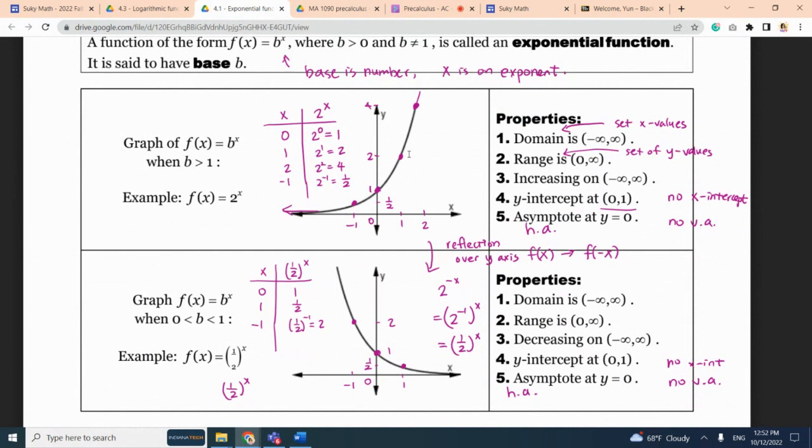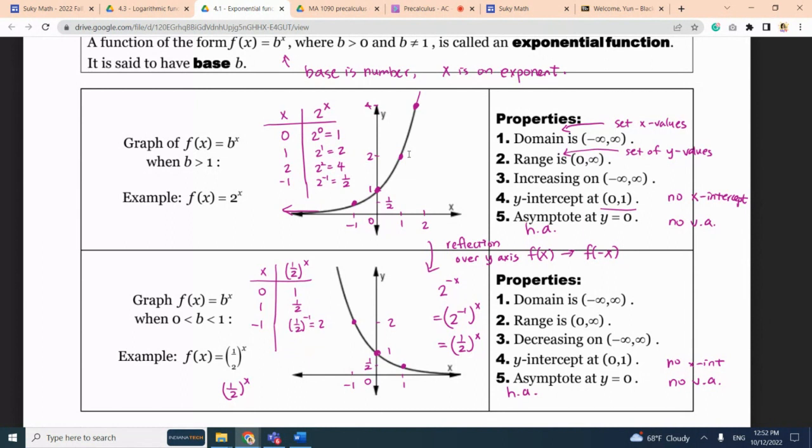This is what it looks like. And it passes through the points 0, 1. Domain minus infinity to infinity, range 0, not included, to infinity. Right? And we have a y-intercept at 0, 1. Asymptote, we have a horizontal asymptote, y equals to 0.